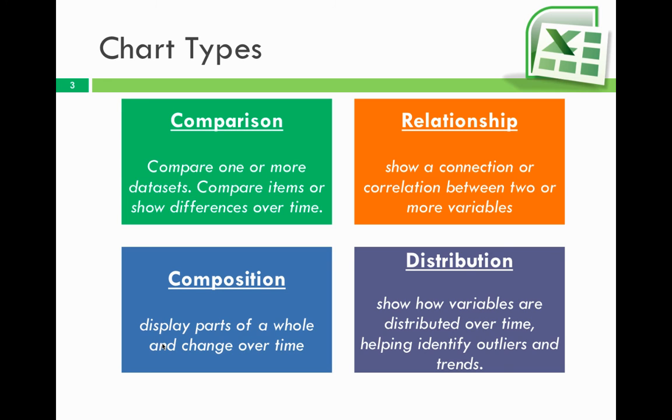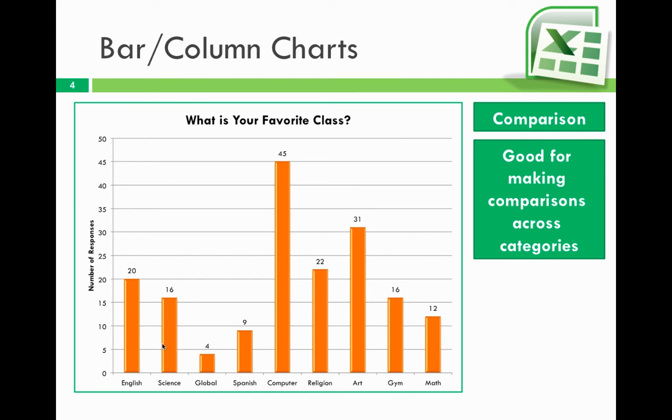So not all charts are going to work to do something like this. To show the sales totals over a week, maybe not the best chart to use. So some of it is just getting used to, if I have this type of data, what type of chart should I create? Right, so those are some of your options.